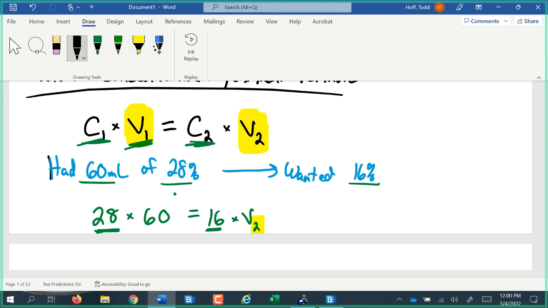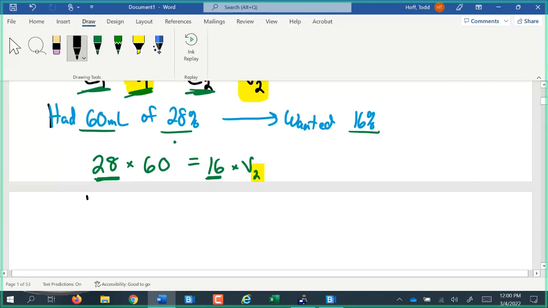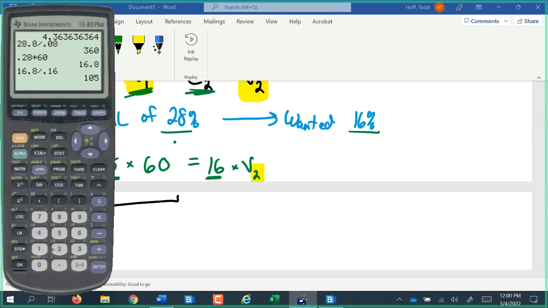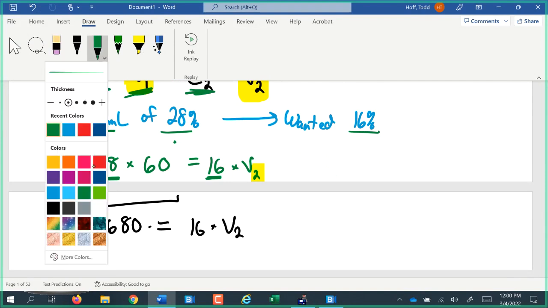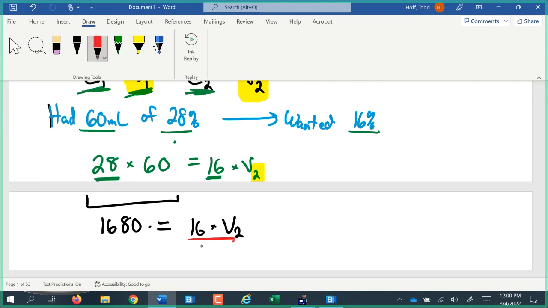So to solve this, we'll do the 28 times 60, which of course was our 1680. It was 16.8 before, 1,680 now because we left that as a percent rather than changing it into a rate, equals 16 times V2. And to solve for V2, we divide by the 16 to get rid of it.